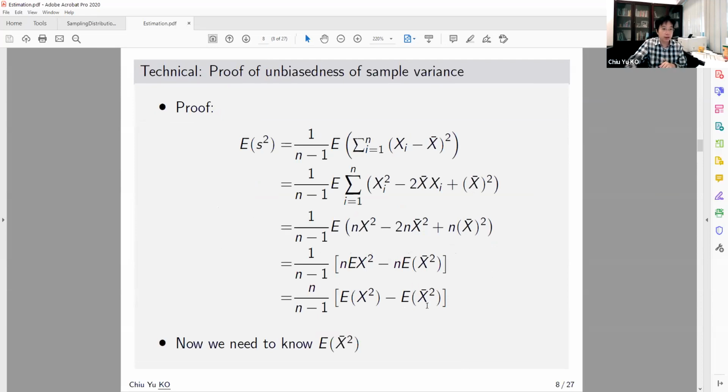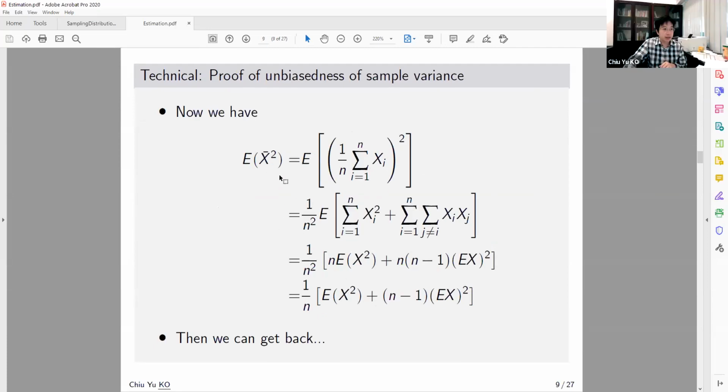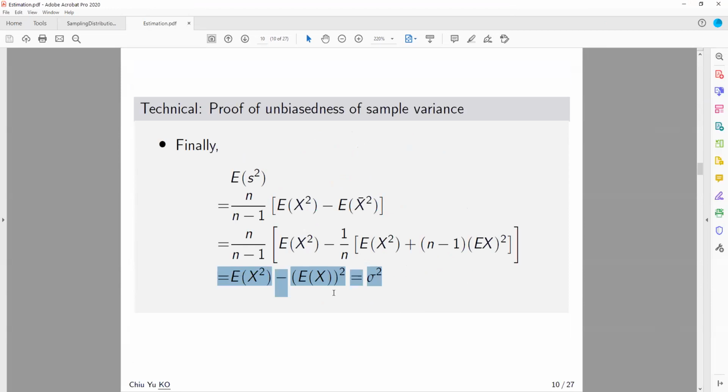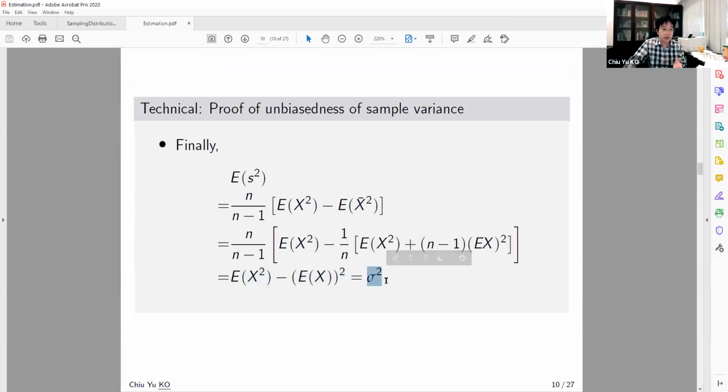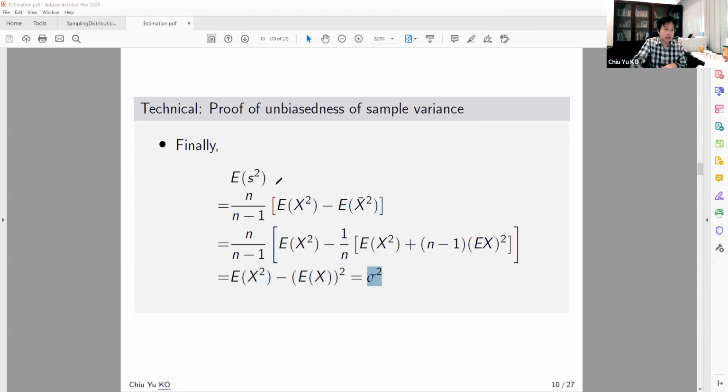This is the term, right? Page 8 and page 9 lead to this, and you put this back into here. Once I computed on page 10 that it equals sigma squared, you are done, because the whole formula ends up equal to sigma squared.